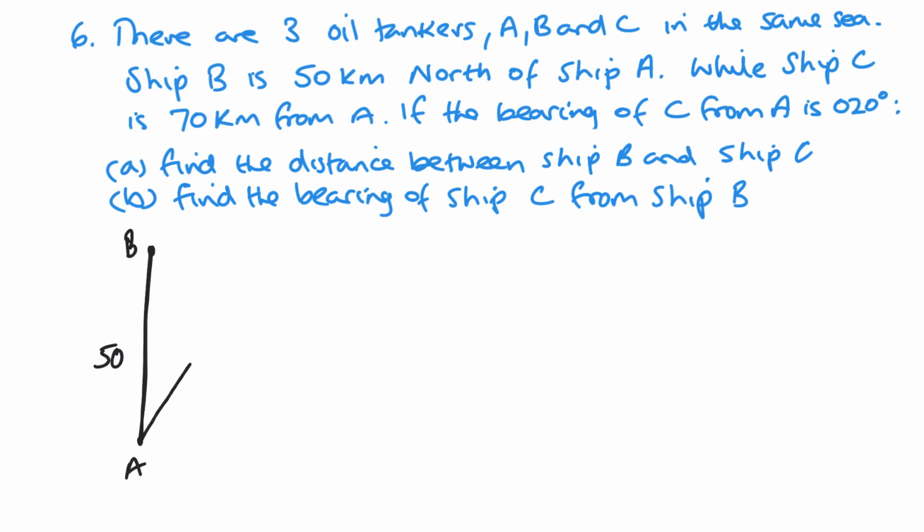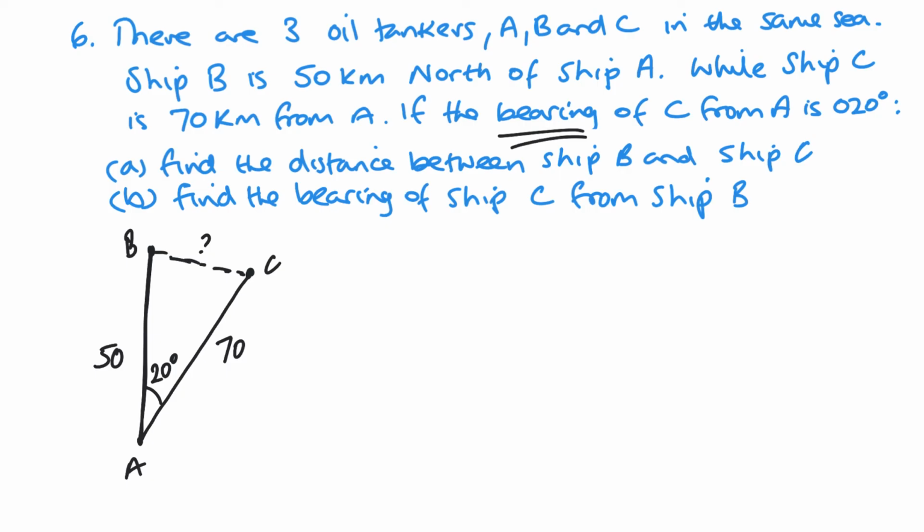So ship C, we're off here somewhere, C, this is 70, and this angle here is 20 degrees. Remember that a bearing is measured from the north line, and it's measured in a clockwise direction. And then I can just join B and C here, just to complete my triangle. Now for part A, we are trying to find the distance between B and C, so put a question mark here.